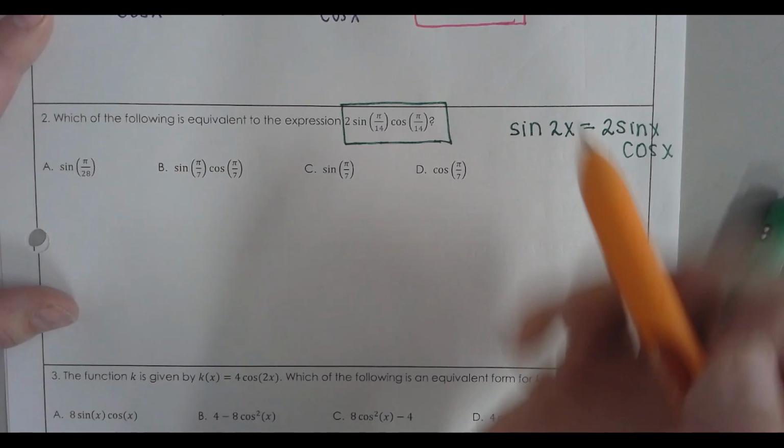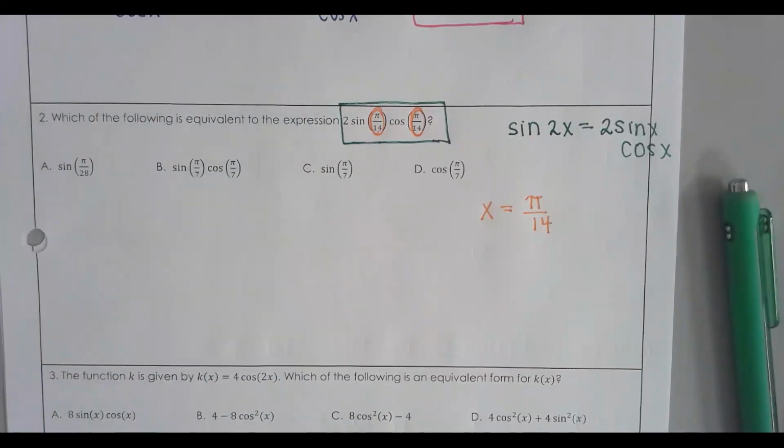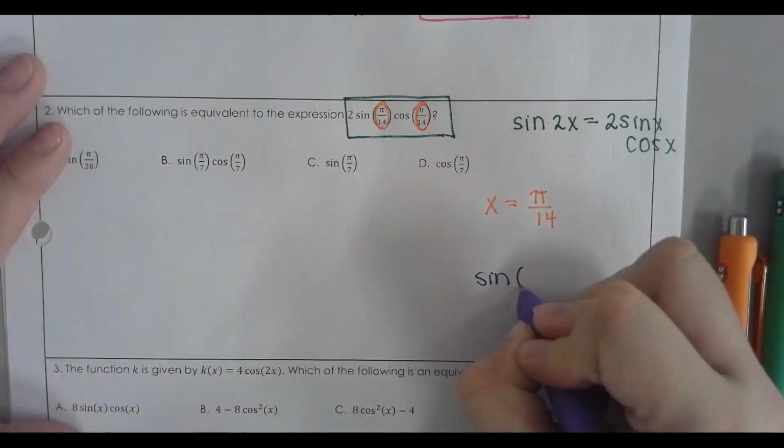This is pi over 14 by x, so x would be pi over 14, and that's equal to 2x.